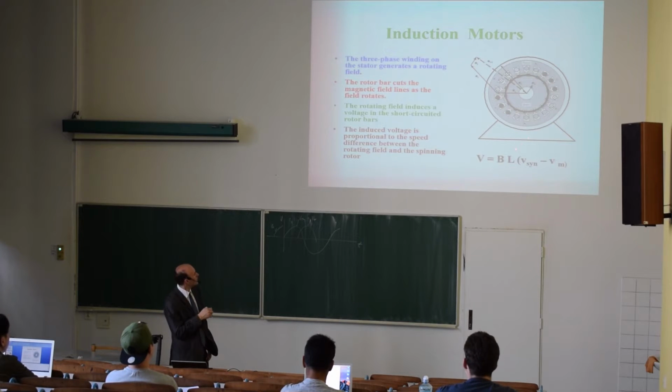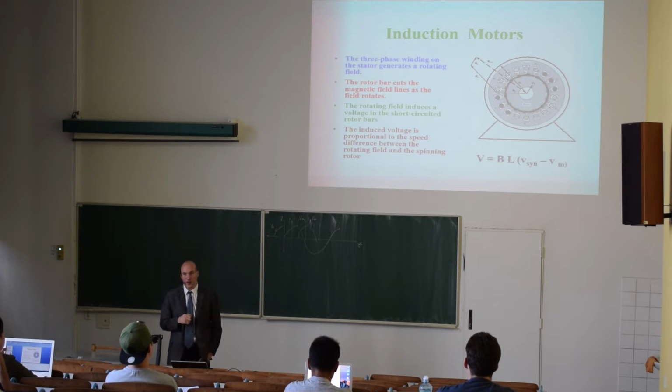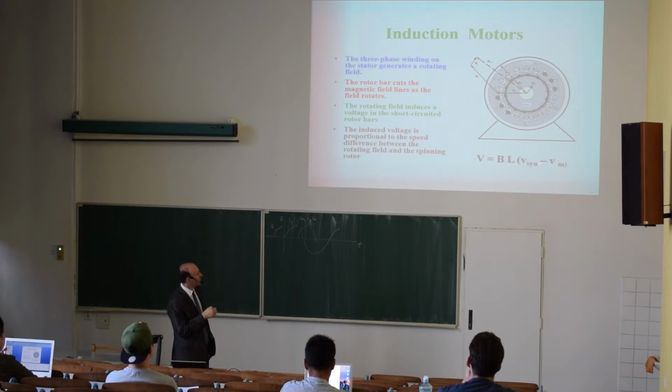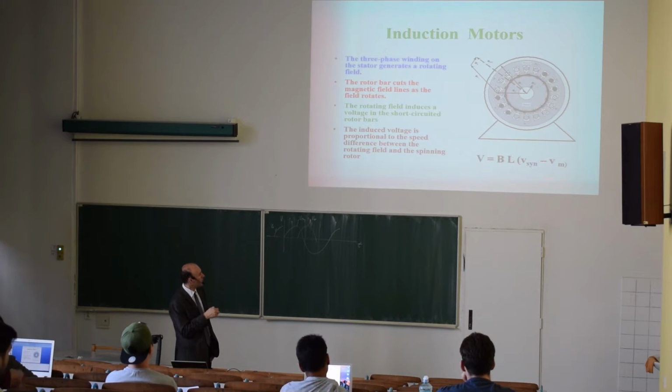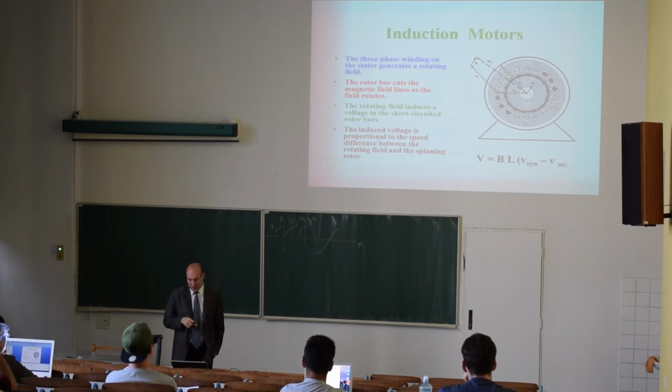But basically here you see the voltage on the motor will depend on the strength of the magnetic field times length of the rotor times the speed difference between the speed of the magnetic field on stator and the speed of the rotor. So again, if the rotor speed would be the same like stator speed, then it would be zero torque, and we'll see that also on the torque speed characteristic.